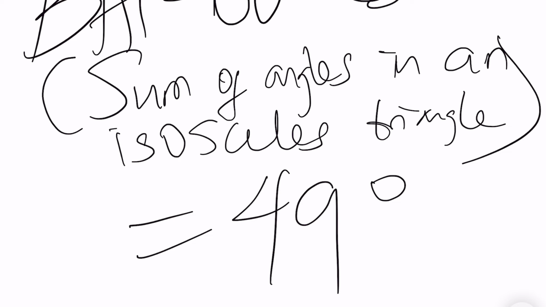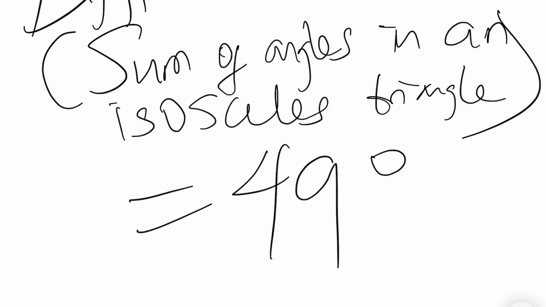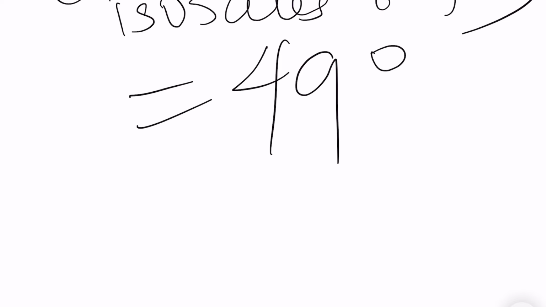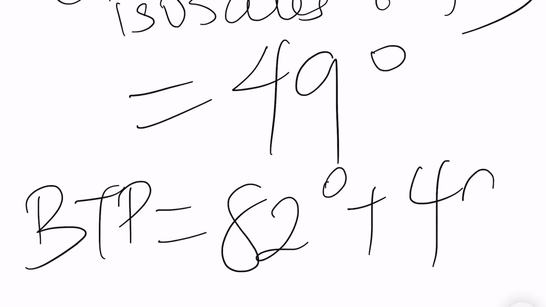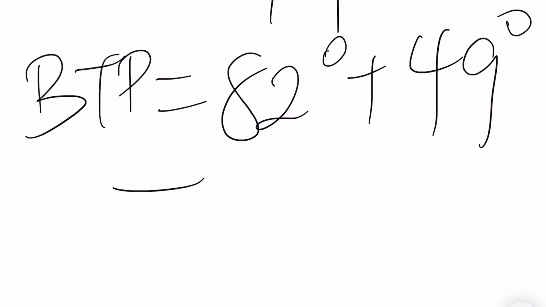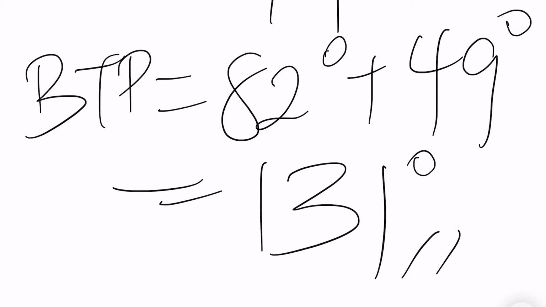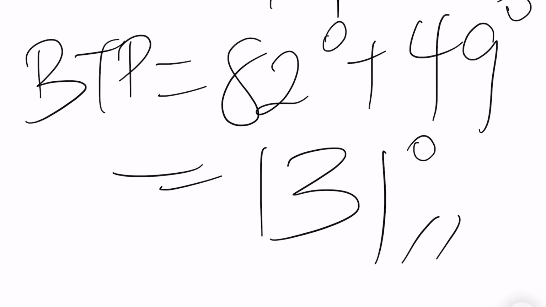Now to find BTP, BTP will be 82 degrees plus 49 degrees, which gives us 131 degrees. So we have BTP to be 131 degrees.